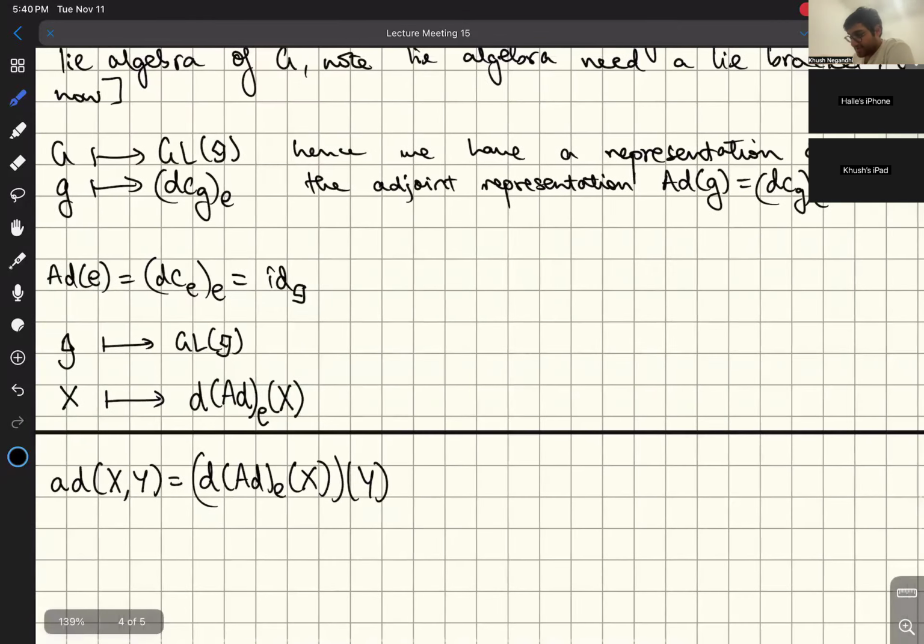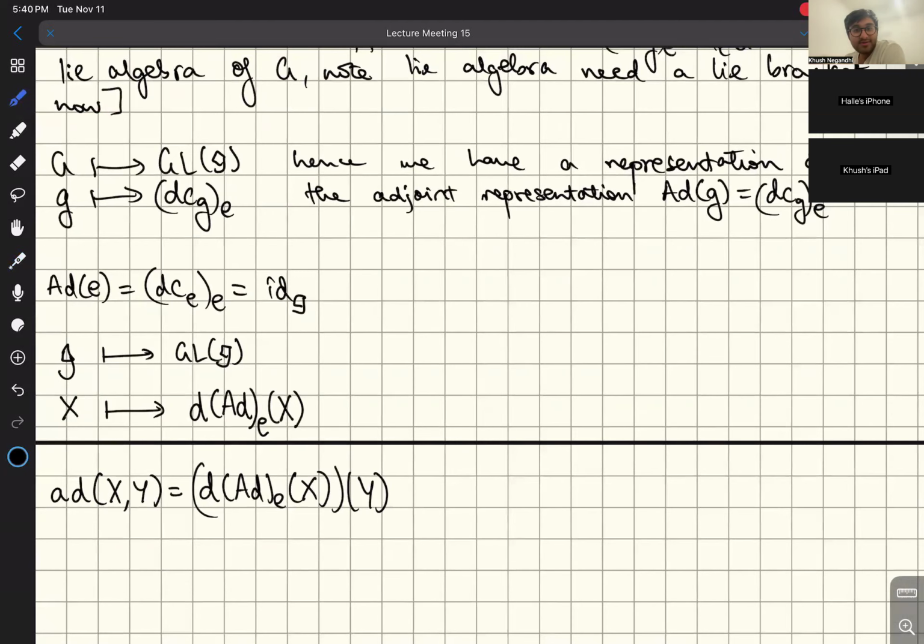So this thing over here is the adjoint representation of the Lie group. This thing over here is the adjoint representation of the Lie algebra. Okay. Does this definition of the adjoint representation of the Lie algebra make sense?